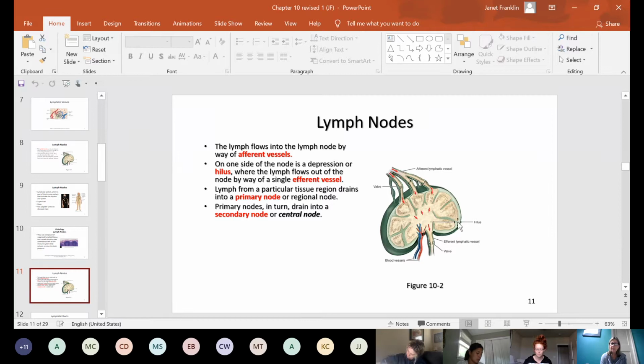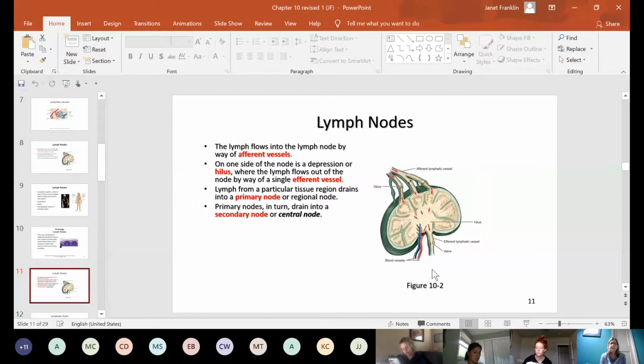That's where the clean, filtered stuff is going to come through. So the dirty bacterial or toxic fluid comes into the lymph node from the top. It gets filtered through this process, and then the clean, filtered fluid comes back out through the efferent vessel.